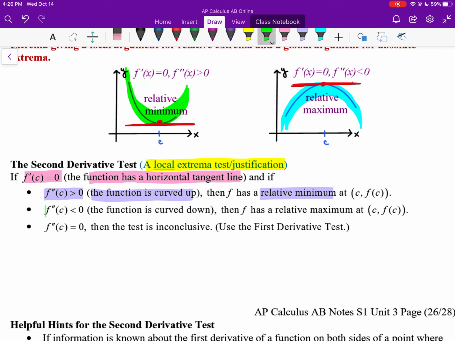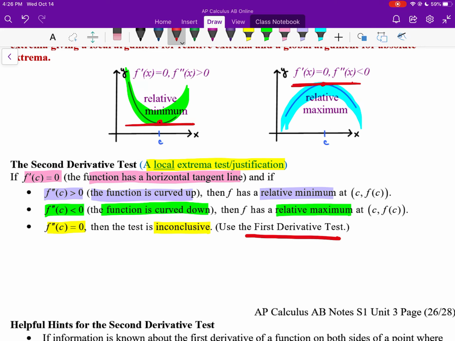If the second derivative is less than 0, the function is curved down, then we're going to have a relative maximum. Unfortunately, this test can be inconclusive, and if the second derivative is equal to 0 at that particular point, this test is inconclusive, and then you have to go back and use the first derivative test.